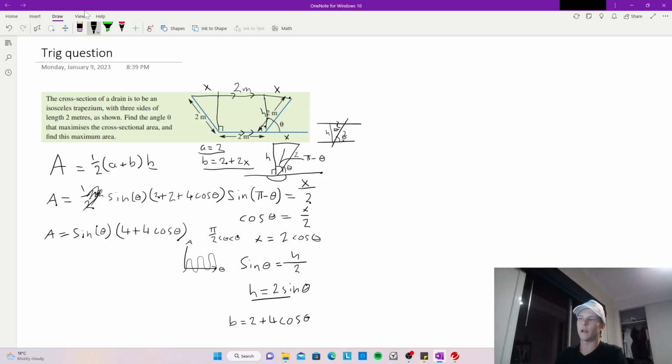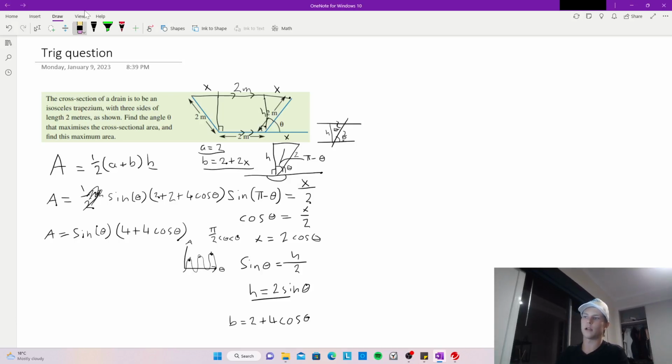The value of theta where the area is the maximum will appear here, here, and here. Since we're trying to find an angle that's between 90 and 0, it'll likely be the first one or the second one. But I don't even know what this graph looks like. What this pretty much represents is that you'll get a value of theta that'll give you the maximum area, and that's what we're trying to find.